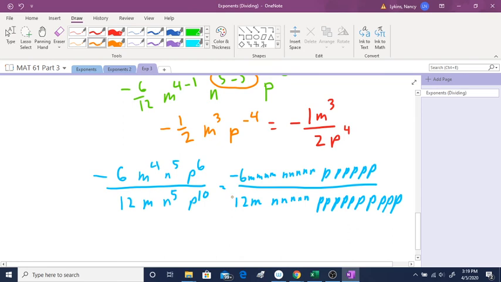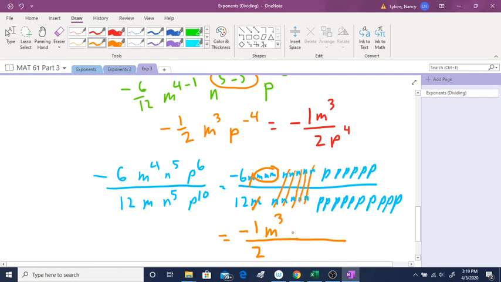So what happens is right here, I've got a negative 1 because 6 goes into itself 1 time. I'm going to put it over 2, because 6 goes into 12 2 times. And then I'm going to say 1 m cancels. What's left? m cubed. Then 1 pair, 2 pair, 3, 4, all 5 n's cancel.